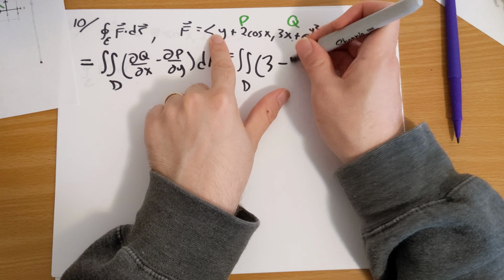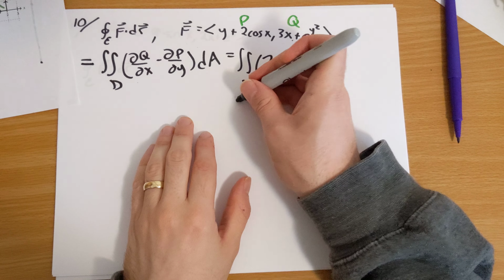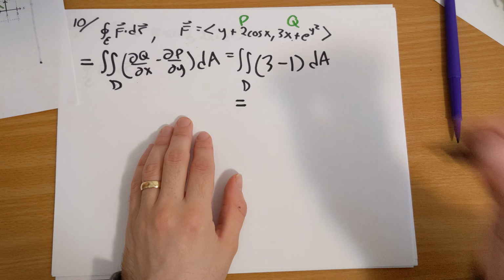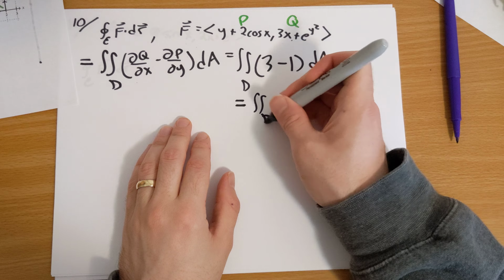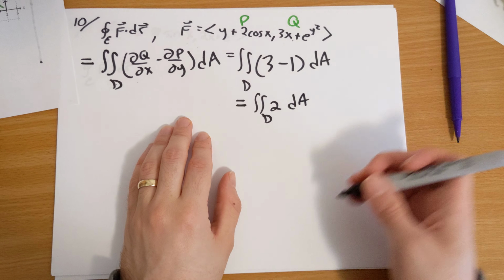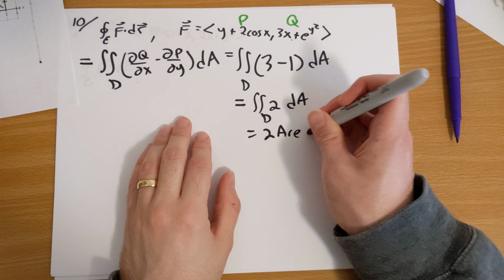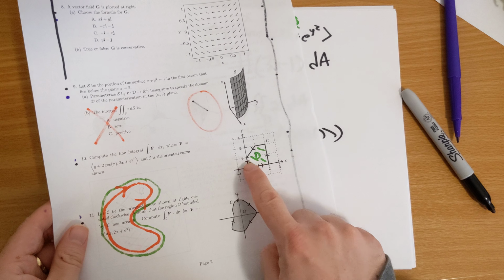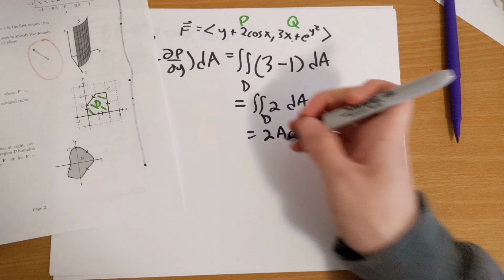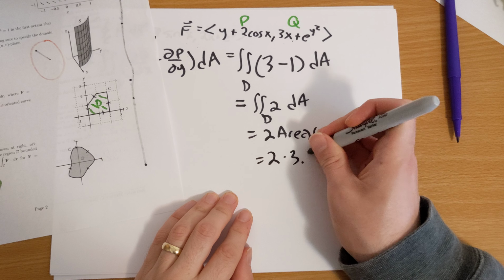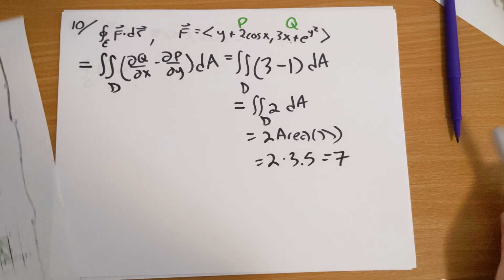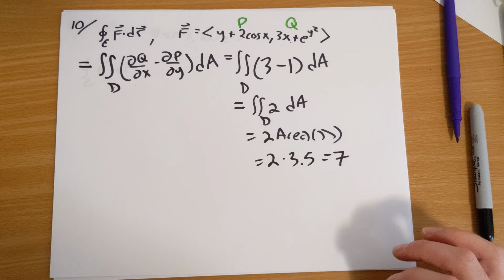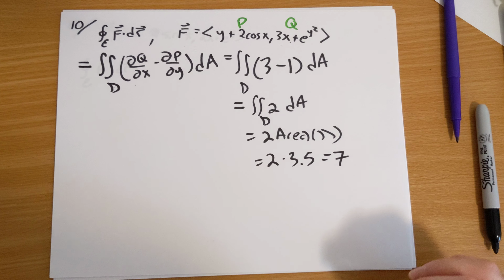Partial P partial y is 1 here. So this is just going to be the double integral over D of 2. And so this is just 2 times the area of D. And a quick check here says the area of D is 1, 2, 3.5. So 2 times 3.5 is equal to 7. So that's a lot easier than anything else we could have done. Okay, so that's problem number 10.